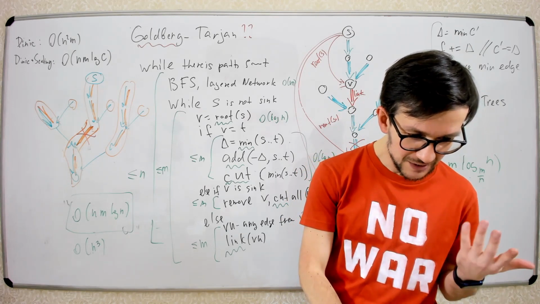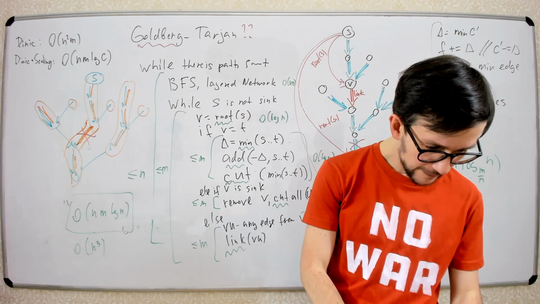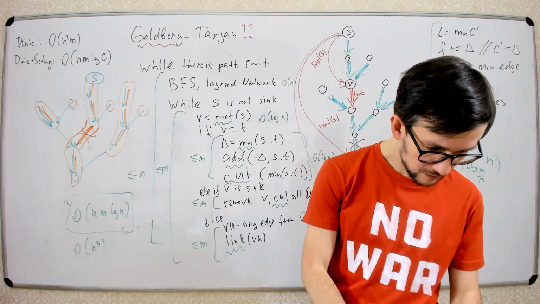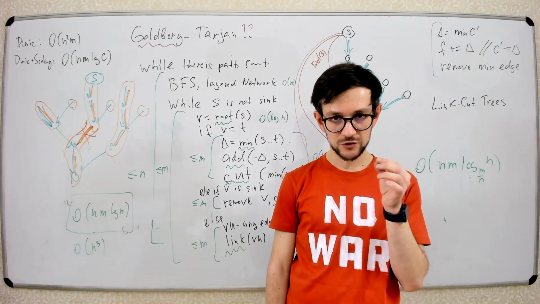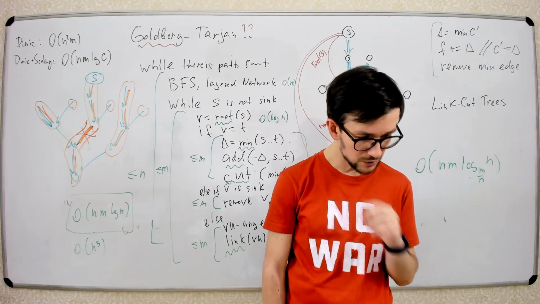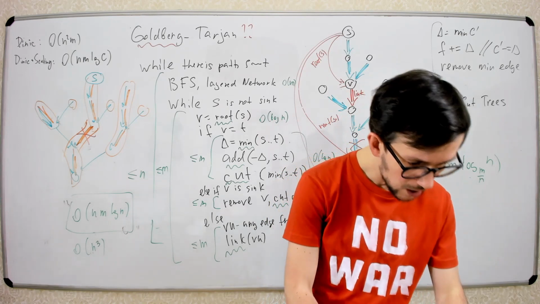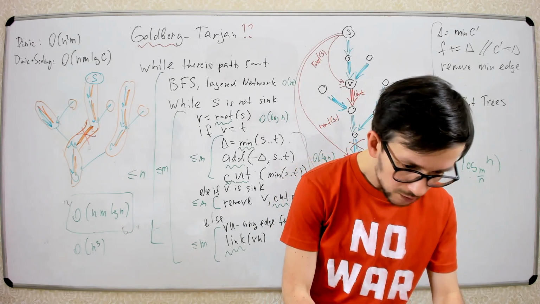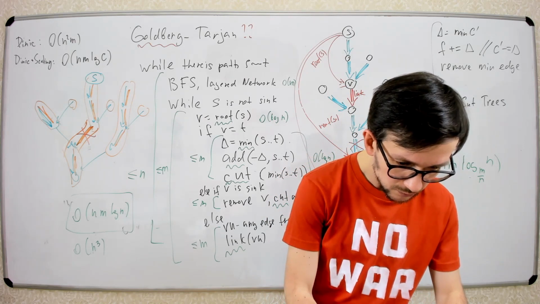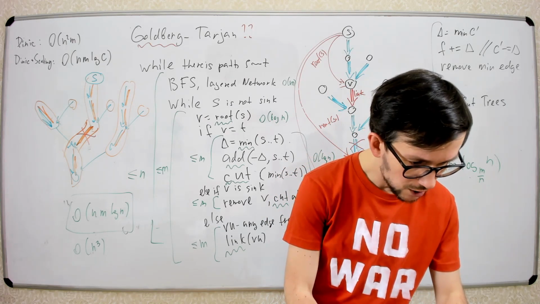It's called like Dinic's algorithm with link-cut trees. So I believe the first time it was mentioned that you can use link-cut trees for the maximum flow algorithm was in some Tarjan paper. You always need to check all this.